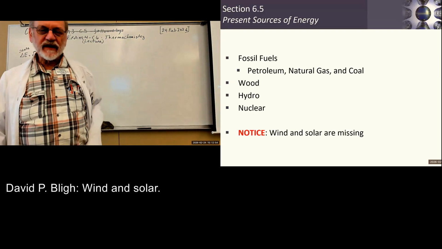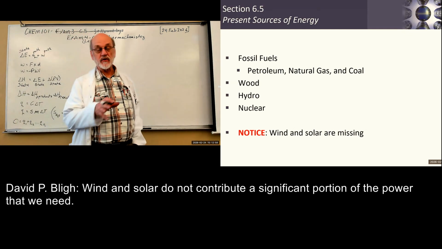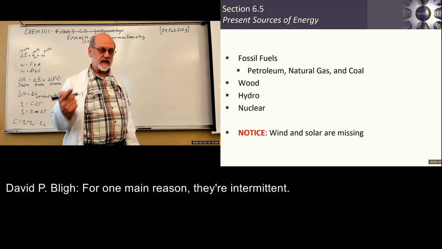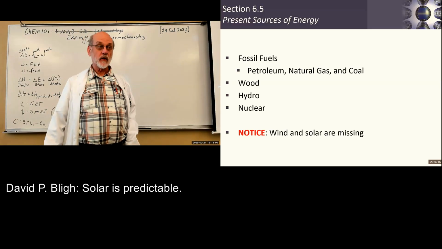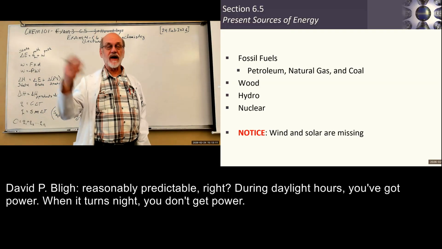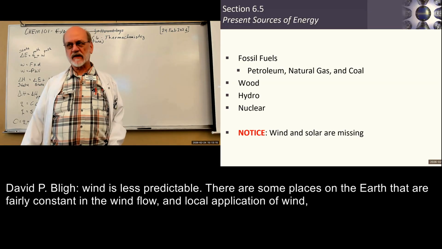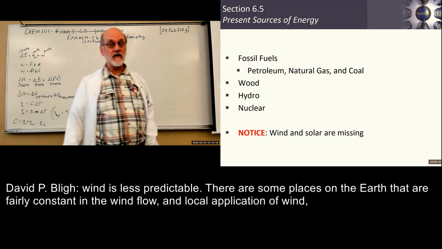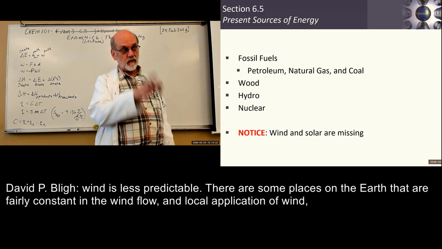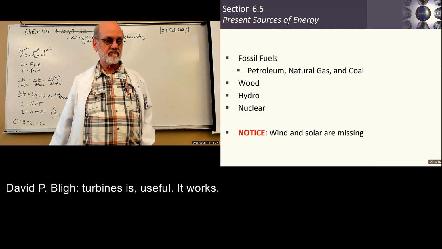Okay. Wind and solar. Wind and solar do not contribute a significant portion of the power that we need, for one main reason: they're intermittent. Solar is reasonably predictable, right? During daylight hours, you've got power. When it turns night, you don't have power. Wind is less predictable. There are some places on the earth that are fairly constant in the wind flow, and the local application of wind turbines is useful.